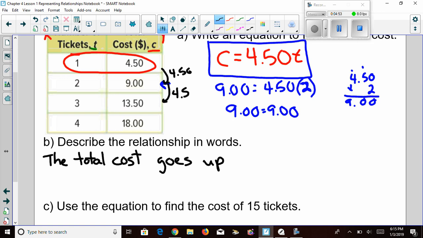If you think back to when we were doing slope, we actually have that in our equation where that 4.50 is next to our t or our x. So that's the value. We'll say 4.50. So the total cost goes up, I forgot a word, by 4.50 per ticket.